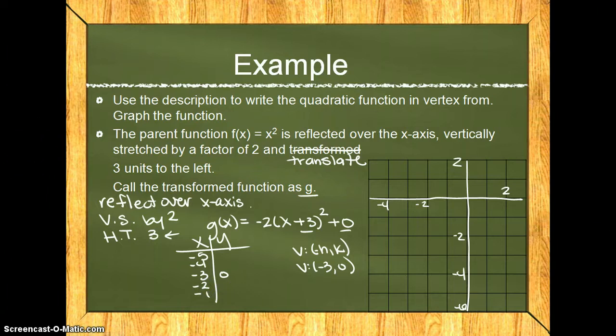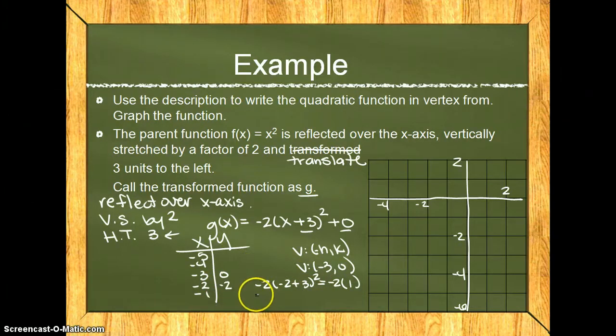When you plug in negative 2, you're going to get negative 2 times negative 2 plus 3 squared, which is equal to negative 2 times 1 squared, which is negative 2. So negative 2 would be your next point.